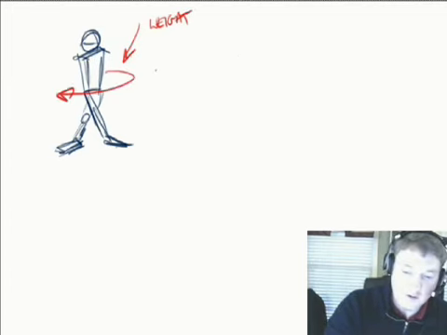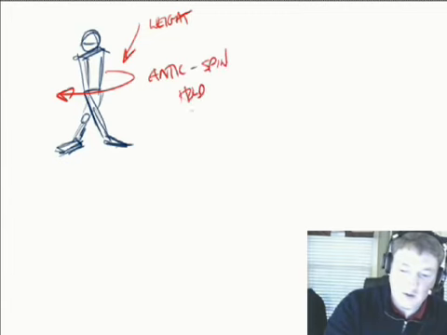And then what he does right here is, as he does that, he rotates around to get the whole weight on it. So as the whole weight settles on this, he then spins clockwise. So that's the anticipation spin. And then, you know, holds for a beat.